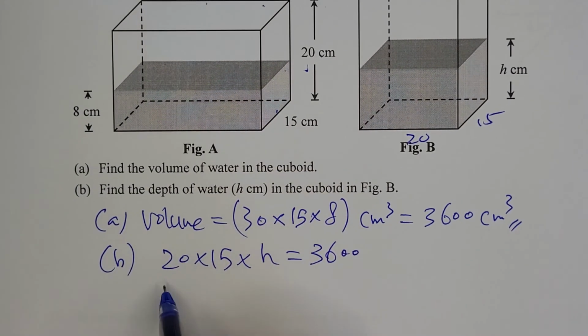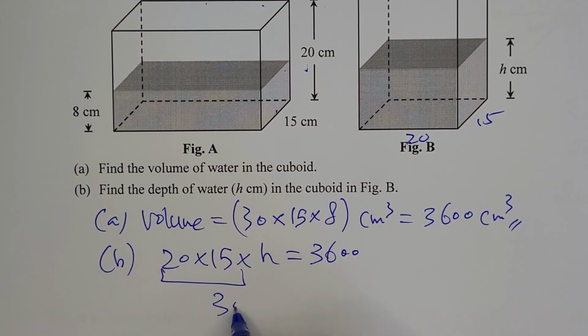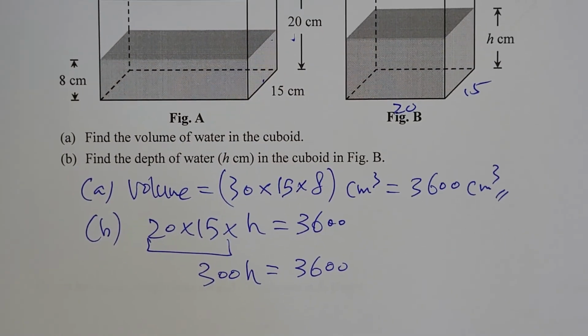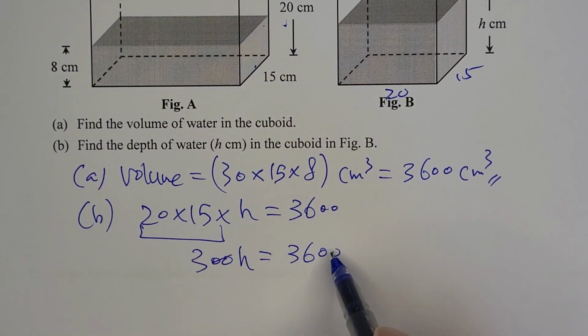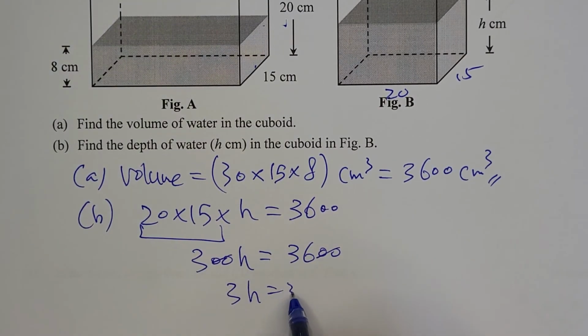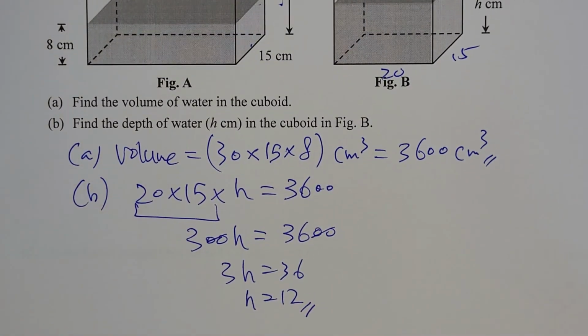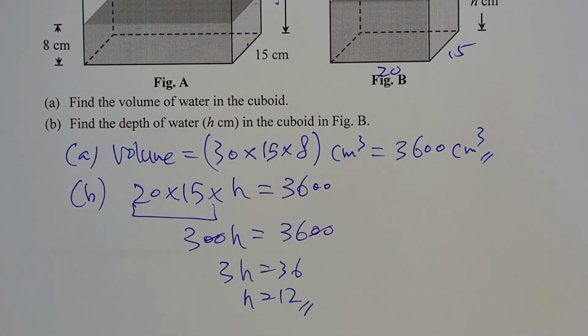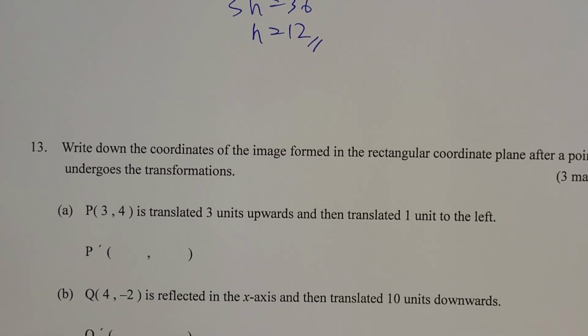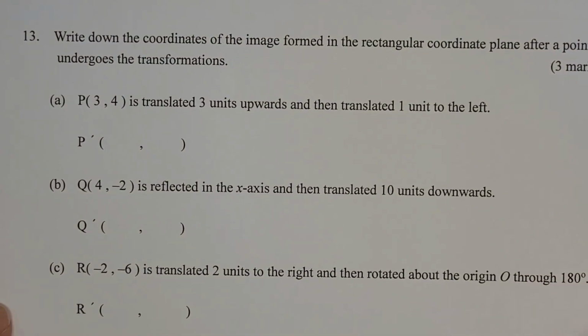Then multiply this: 300 times h equals 3600. Both sides cancel 100. 3h equals 36, so h equals 12. That is your answer. That is the end of question number 12. So go to question number 13.